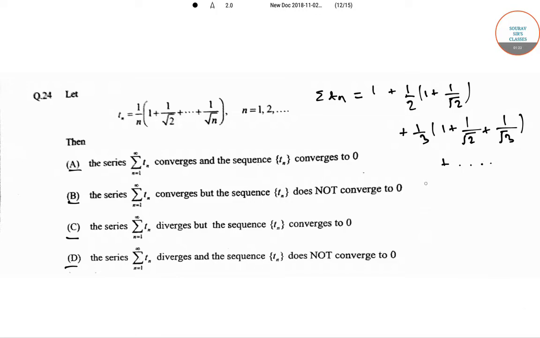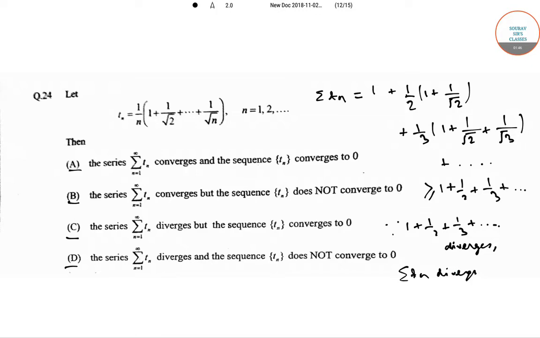Now this summation is greater than 1 plus half plus 1/3. Since 1 plus half plus 1/3 and so on diverges, summation Tn diverges.